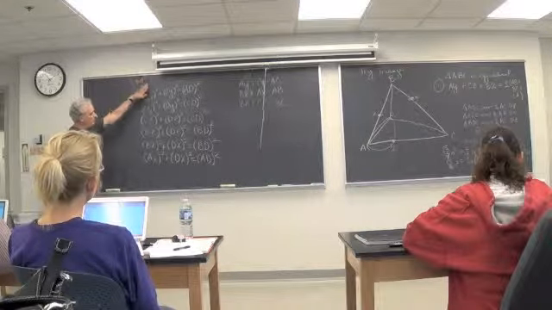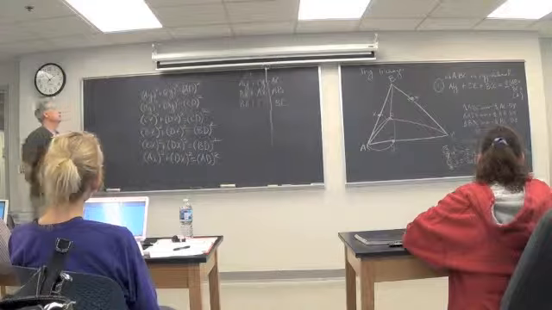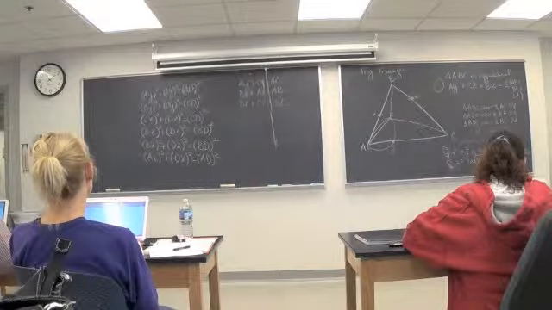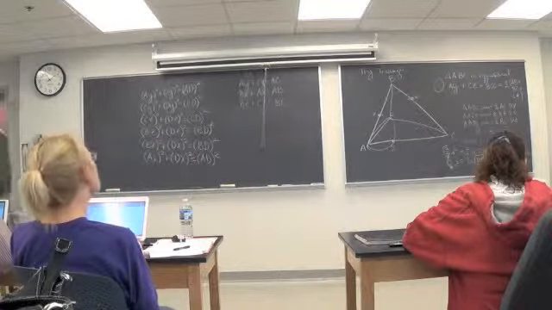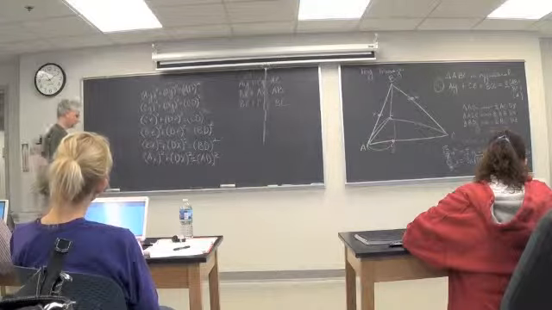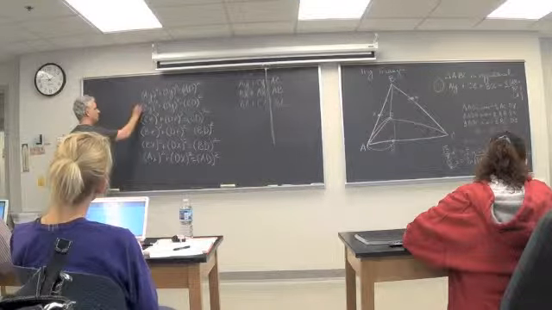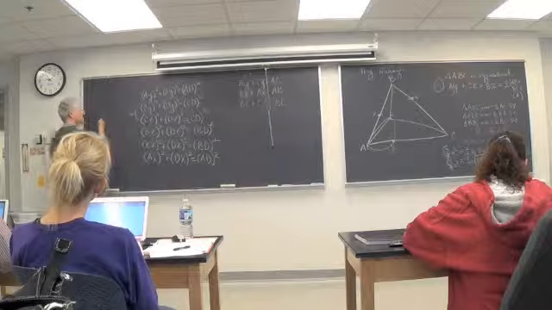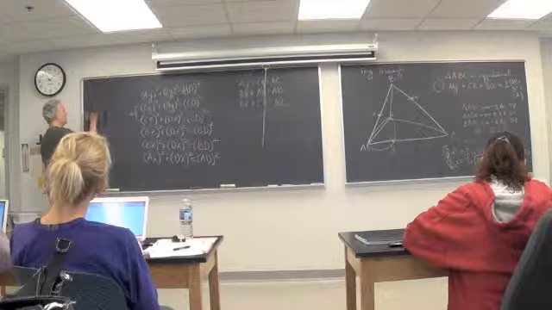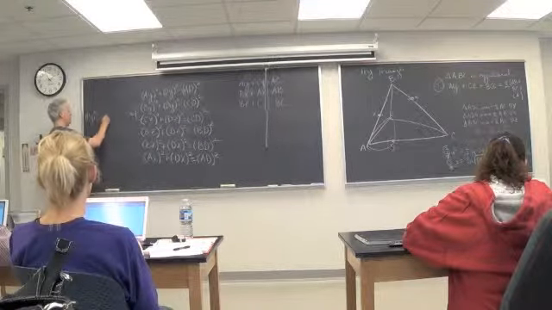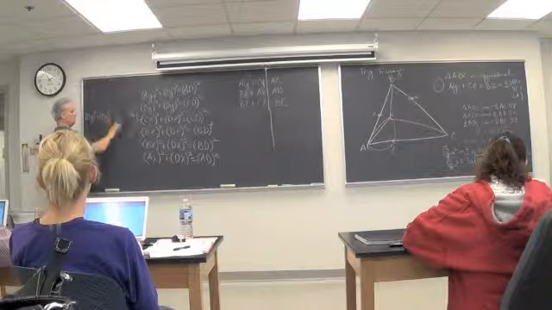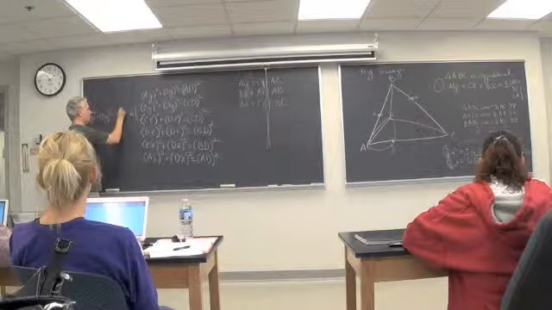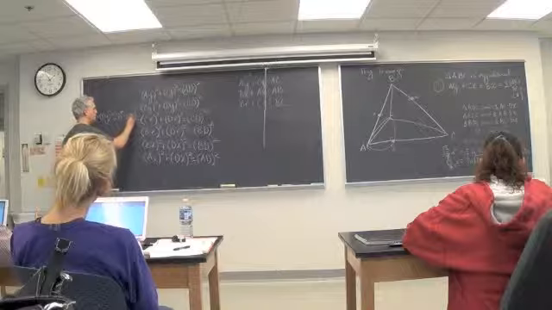Anything strike you about something you can do with these? Some of them are equal. Like these two, you could say cy squared plus dy squared equals cz squared plus dz squared.